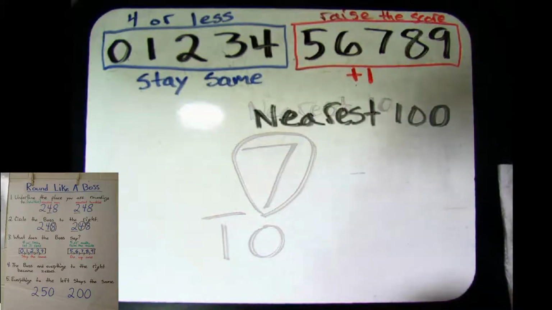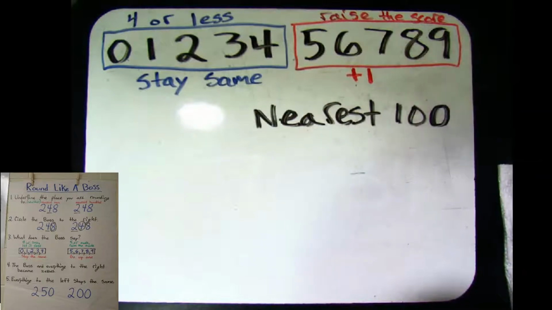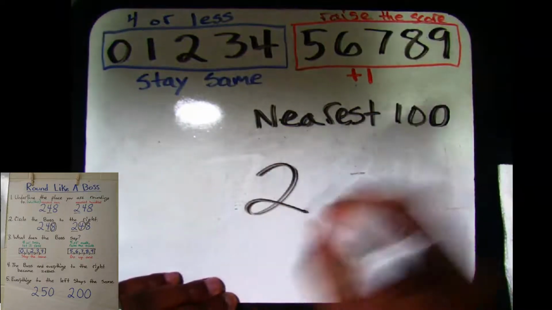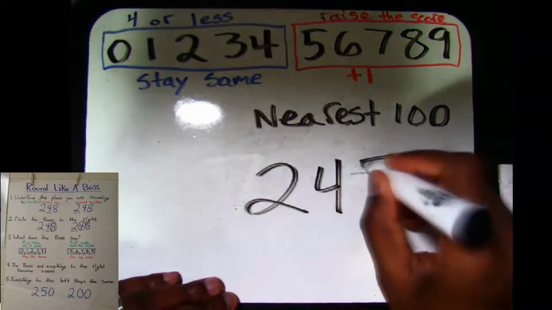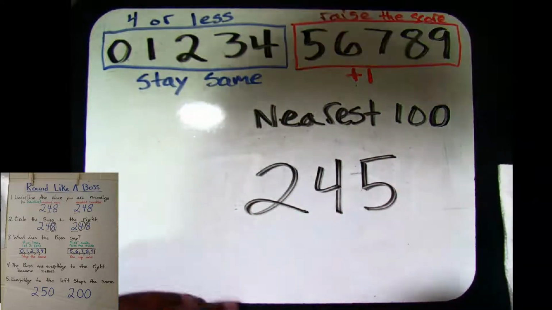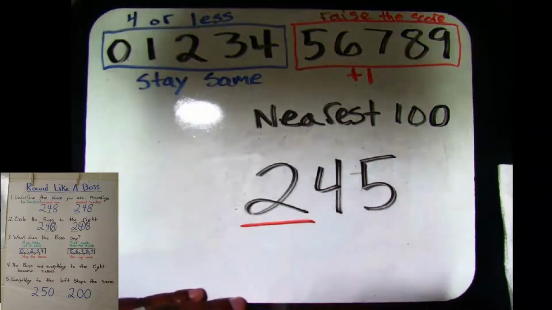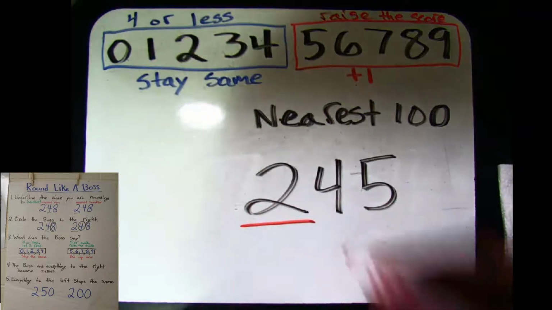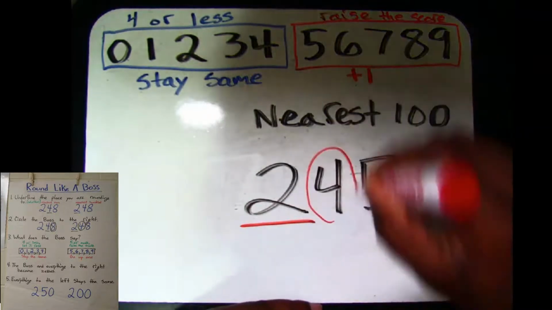Okay, now this time we are going to be rounding numbers to the nearest 100. So the first number we're going to round is 245. Now the first thing we want to do is look for our worker, and our worker is going to be in the hundreds place. So the 2 is in our hundreds place. And then the digit to the right is going to be the boss of the 2, which is 4.